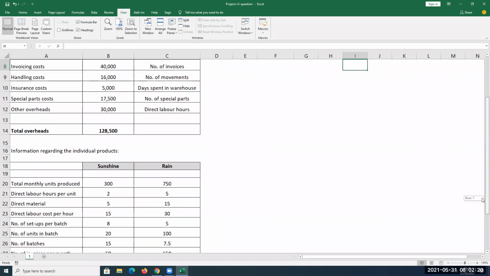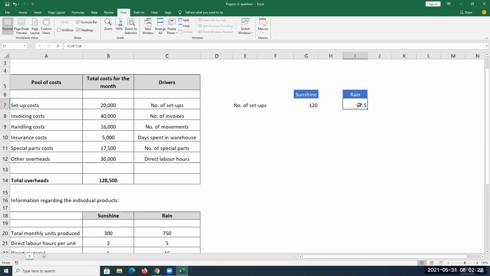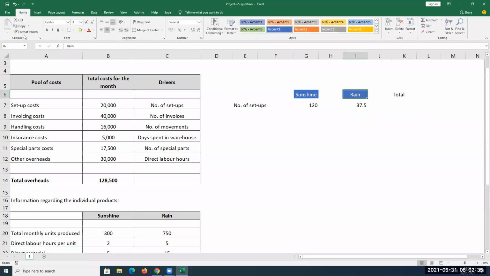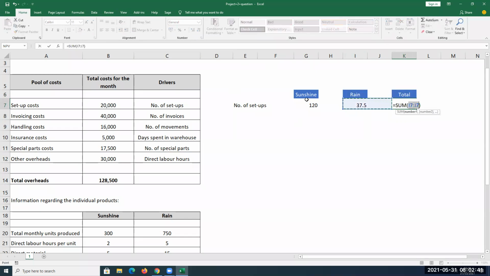So I will get 37.5 setups. So I can open one more column and name it total. The total is the sum of these two. So these are the total number of setups.